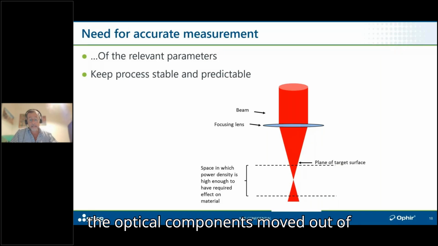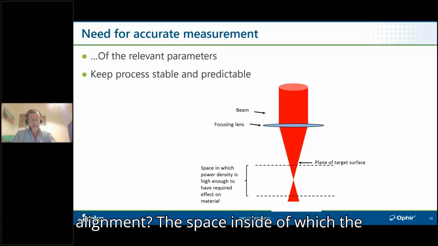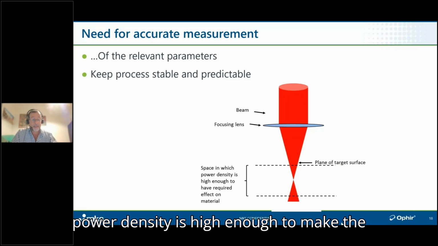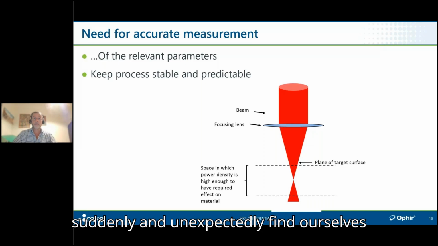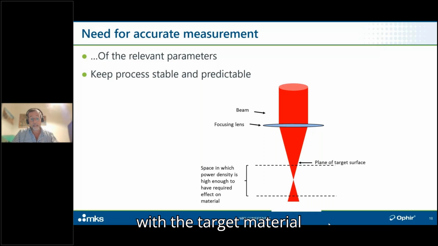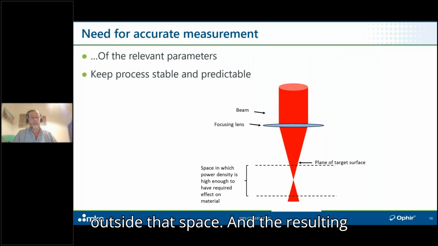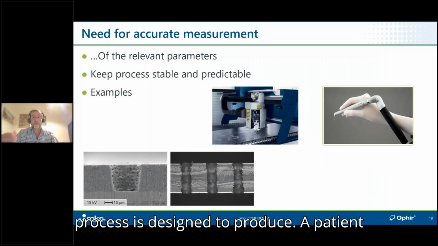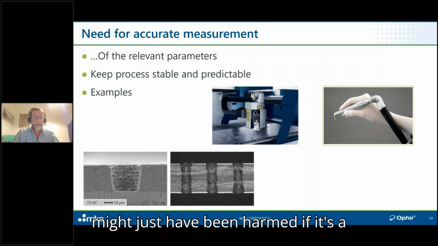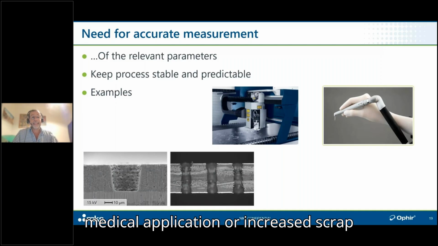And the resulting part could be different than what the process is designed to produce. A patient might just have been harmed if it's a medical application, or increased scrap might have just pushed a production line from profit to loss. So obviously, we need to measure the relevant parameter or parameters accurately so that we can control what our process is doing, so that we can keep it stable and predictable.